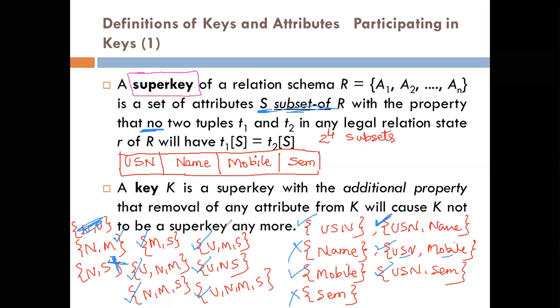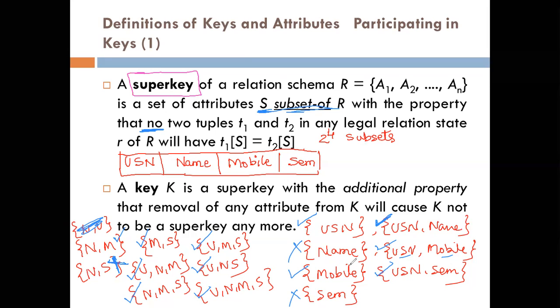Out of how many subsets have we listed? 4, here 3, 7, 10, 13 and 15. So 15 subsets we have listed. Out of 15, whatever we have ticked, they are all super keys.